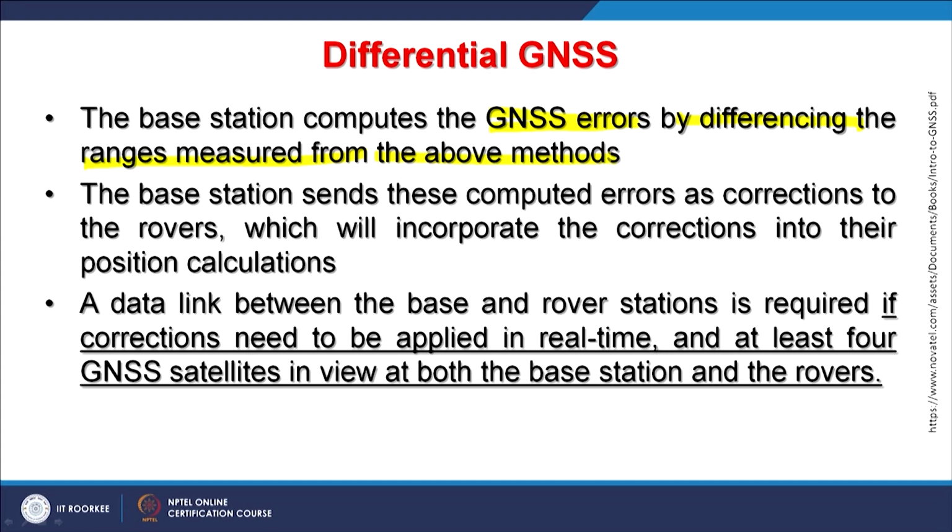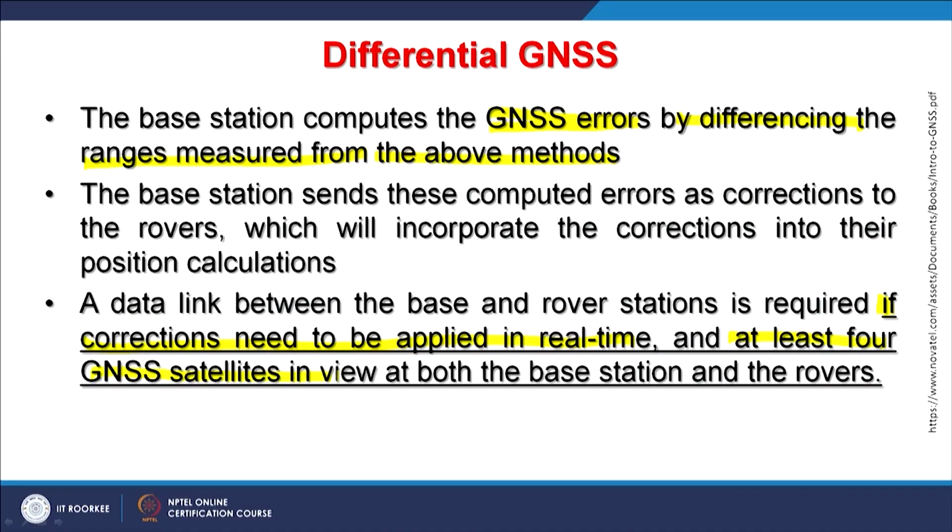A data link between the base and rover stations is required if corrections need to be applied in real time. Sometimes it is not required at all. So, later on it can be done, and at least 4 GNSS satellites must be in view at both the base station and rovers.